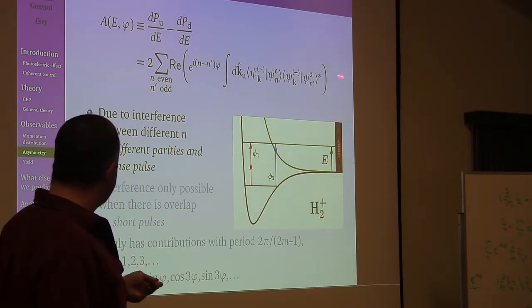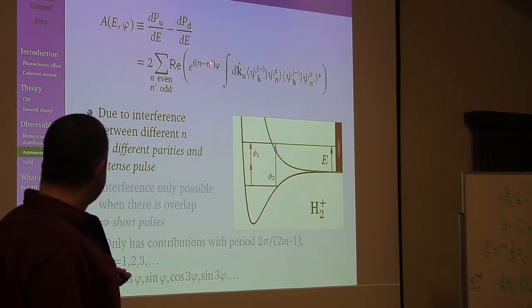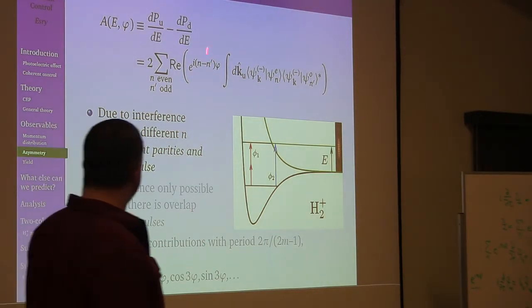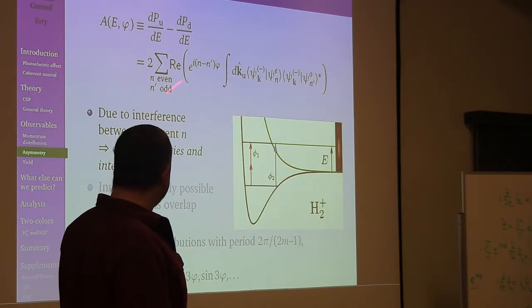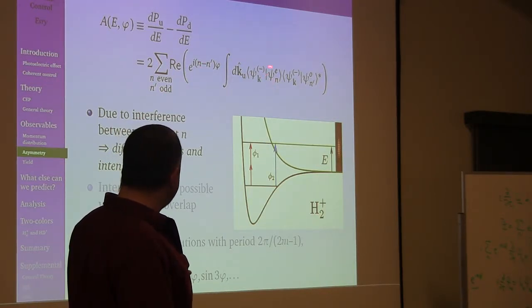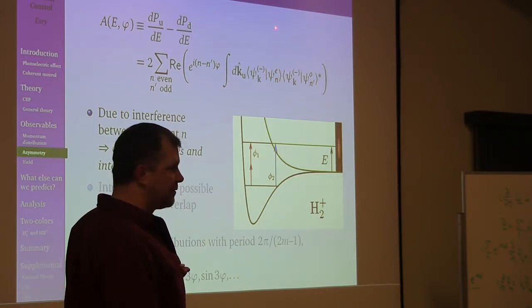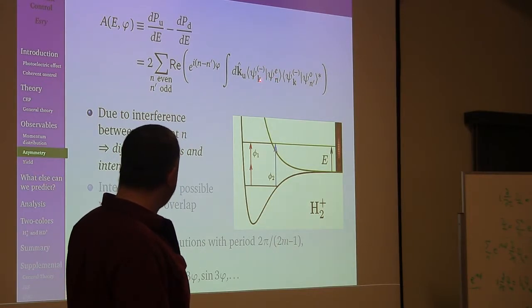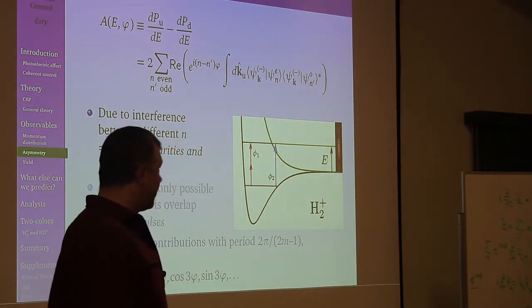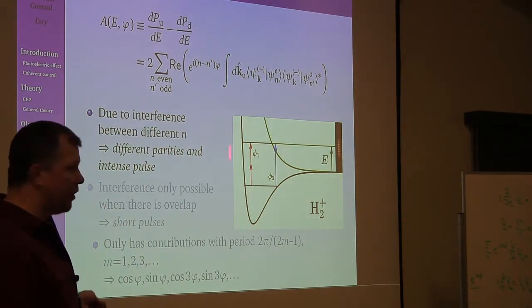So what is this saying? This says that to see any CE phase dependence in the asymmetry, you need n different than n prime, but that's guaranteed because one's even and one's odd. But you also need an even parity state to contribute at a particular direction, and an odd parity state to contribute in the same direction. We already saw that example though.